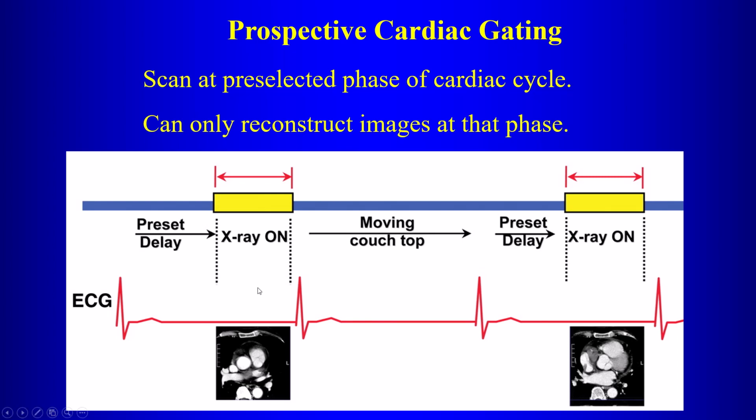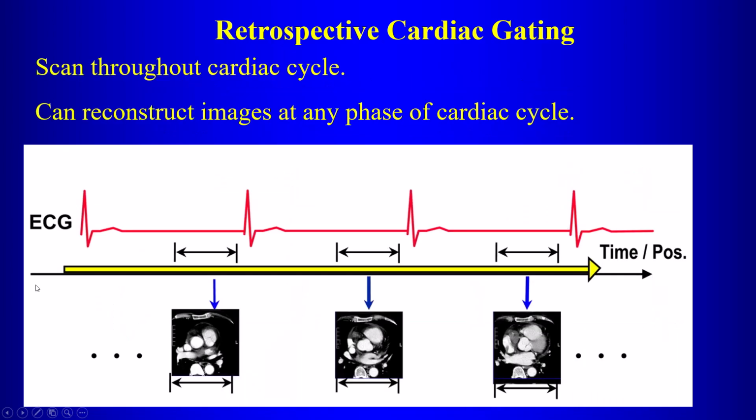With prospective cardiac gating, we only scan here during diastole, during the diastolic phase of the coronary cycle. We only reconstruct images during the diastolic phase of the coronary cycle, as opposed to retrospective gating, where you can scan throughout the coronary cycle, and since the X-ray beam is on throughout the coronary cycle, you can reconstruct images at any phase of the coronary cycle.